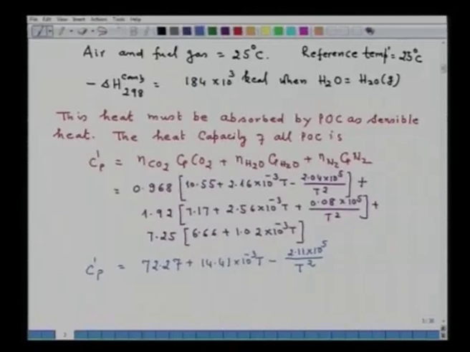Now, we have to do the heat balance, that is heat input is equal to heat output.